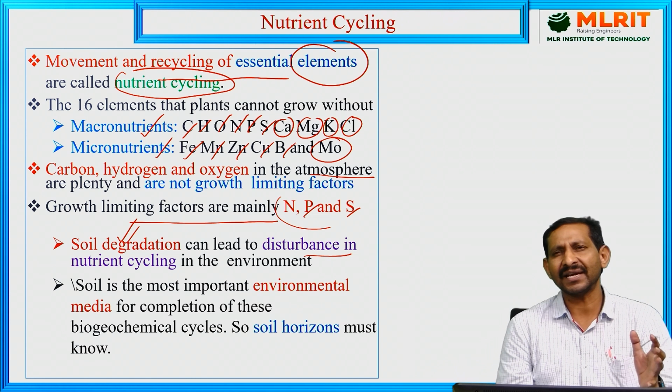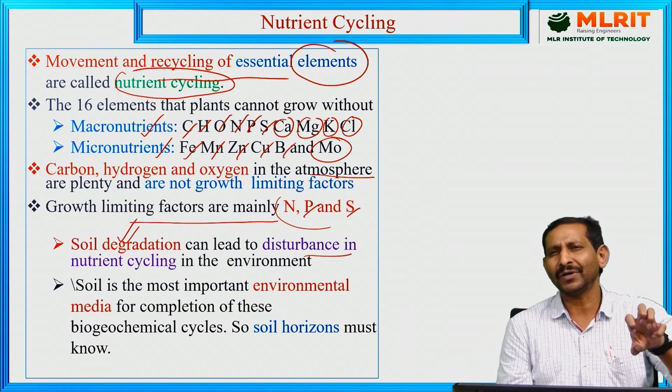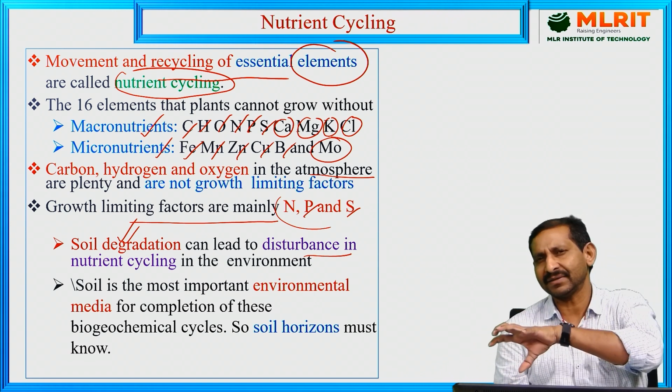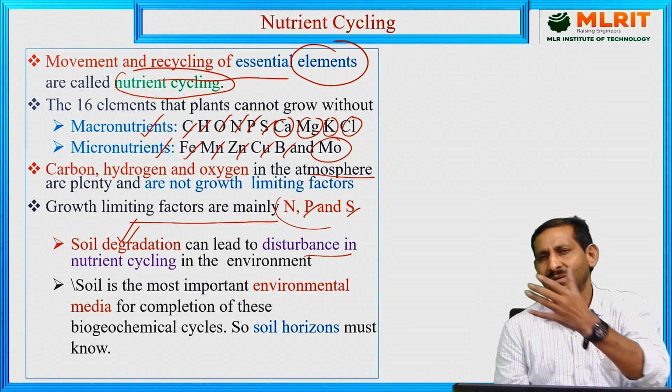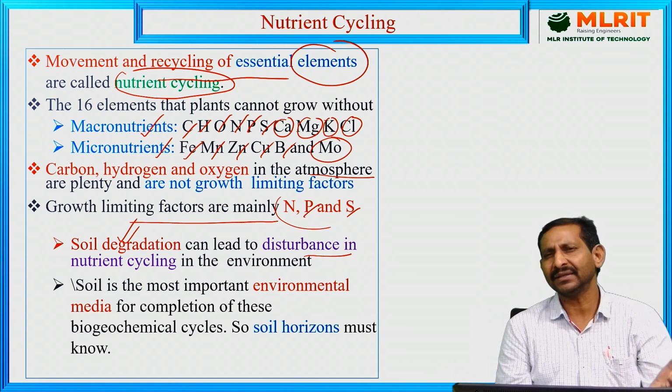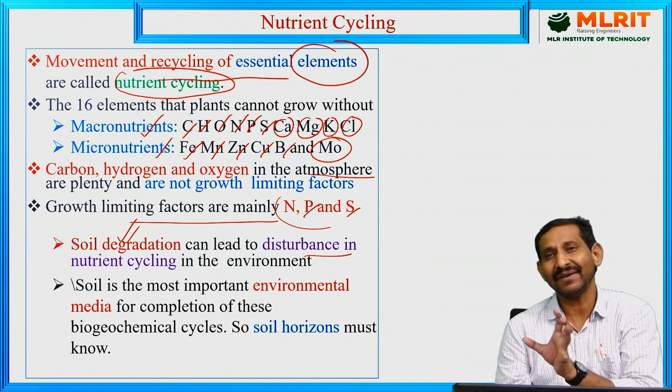A fertile soil means a lot of nutrients and different minerals are present in the soil. Once it is converted to infertile soil, there is loss of nutrients, macronutrients, and micronutrients, and only then is the soil converted to infertile soil.